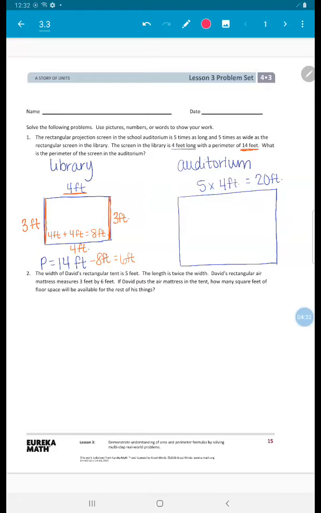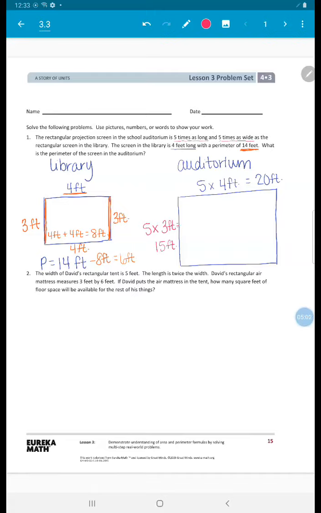So remember, it told us it was 5 times as long, so we've already figured that to be 20 feet, and it's 5 times as wide. So 5 times as wide as the library's projection screen. We found out that was 3 feet. So 5 times 3 feet equals 15 feet.